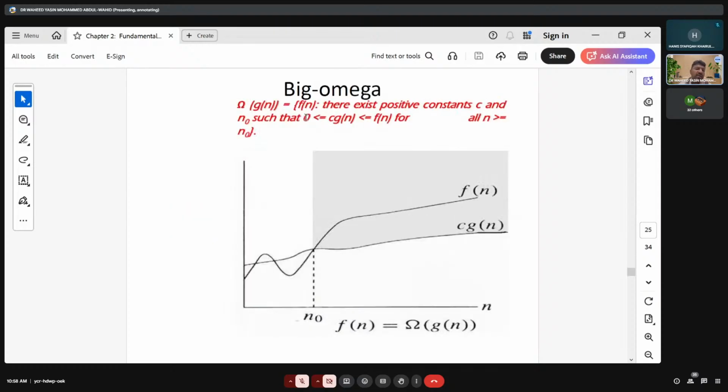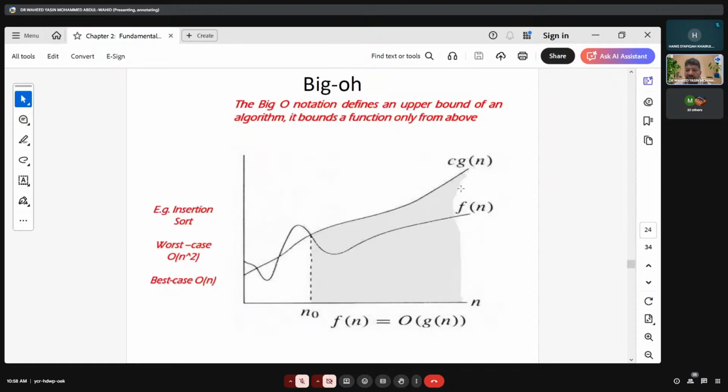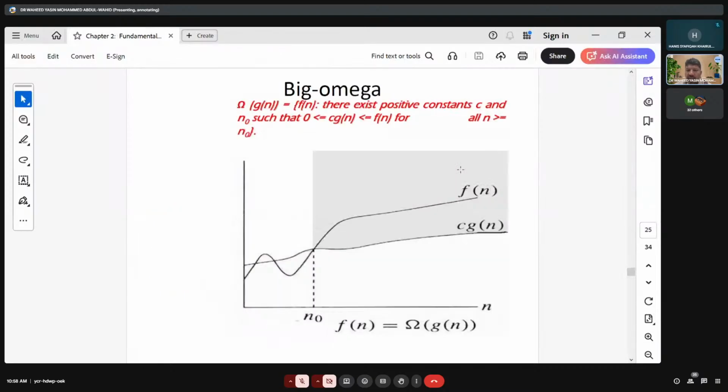Big omega g(n), f(n): there exist positive constants c and n0 such that 0 is less than or equal to c·g(n), which is less than or equal to f(n). Here in the previous graph, f(n) is bounded by c·g(n). Here no, c·g(n) is bounded by f(n), so this one bounds the big omega.